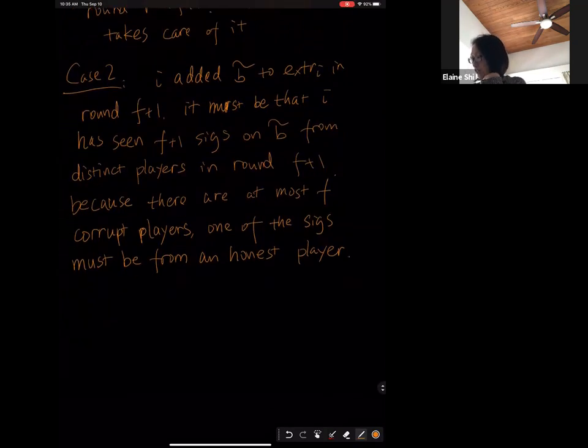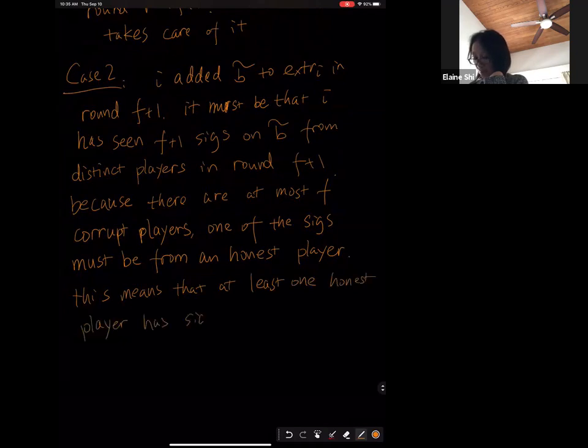Okay, so what does this mean? This means that at least one honest player has signed B tilde in some earlier round, in some round r less than f+1.